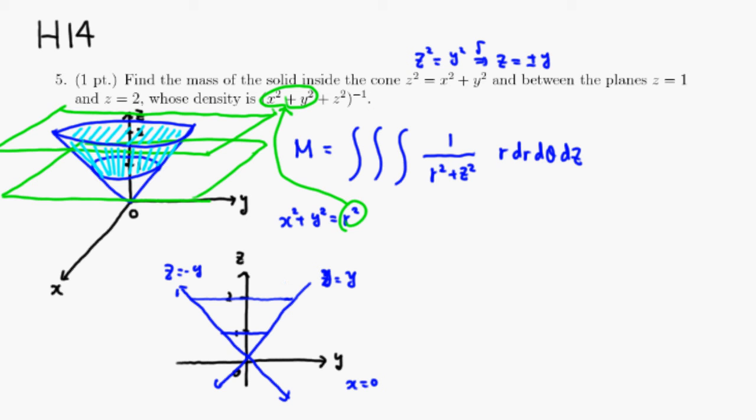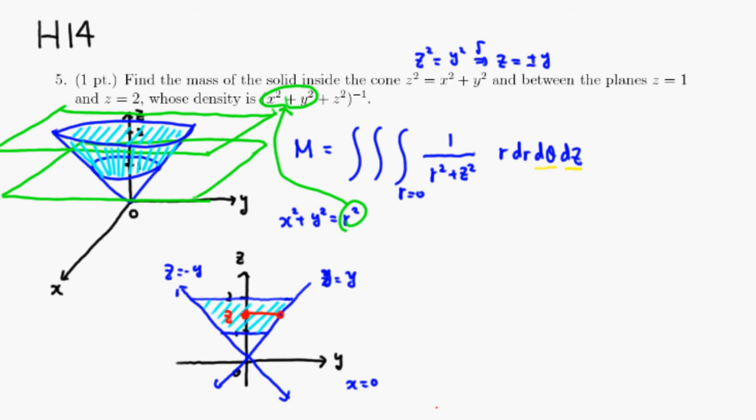For fixed theta and z, r is going to start from here and end there. Let's say this is z. Looks like r starts from 0, which is pretty obvious, and goes all the way to the cone.